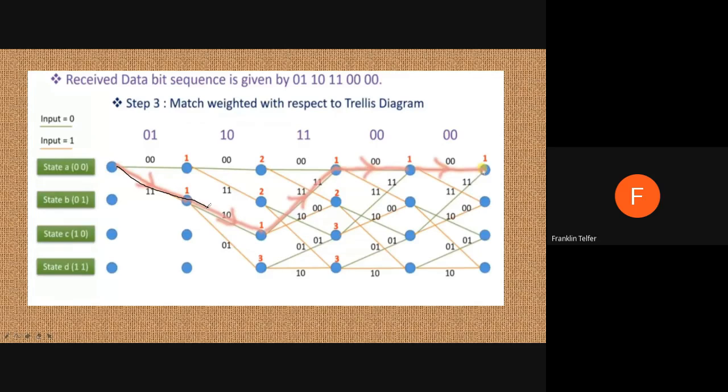So I can use this path as the best fit path for my received sequence. You can go to this node 1. As I already said, some links are terminated. You have to put a cross for the links being terminated, because you cannot go by that link. From this, you have to decide which way you can go. You have two decisions: one is two, and one is one. I can go by two, right? Minimum Hamming distance. Next I have this value.